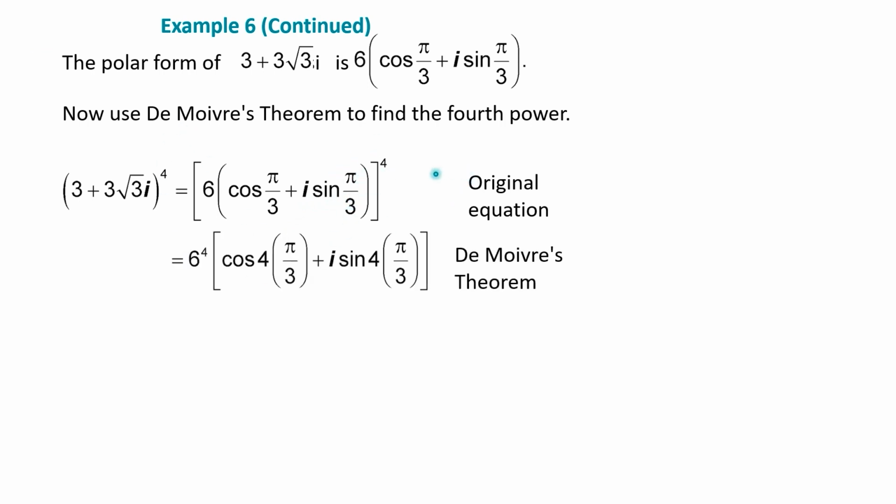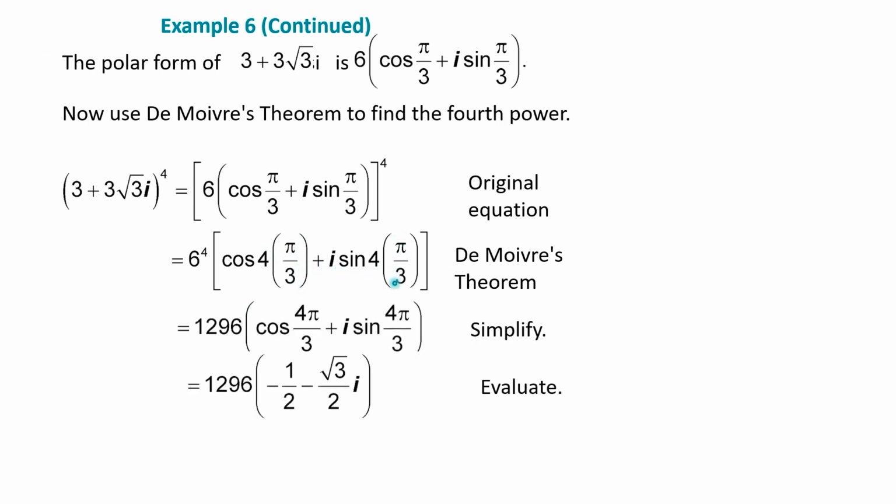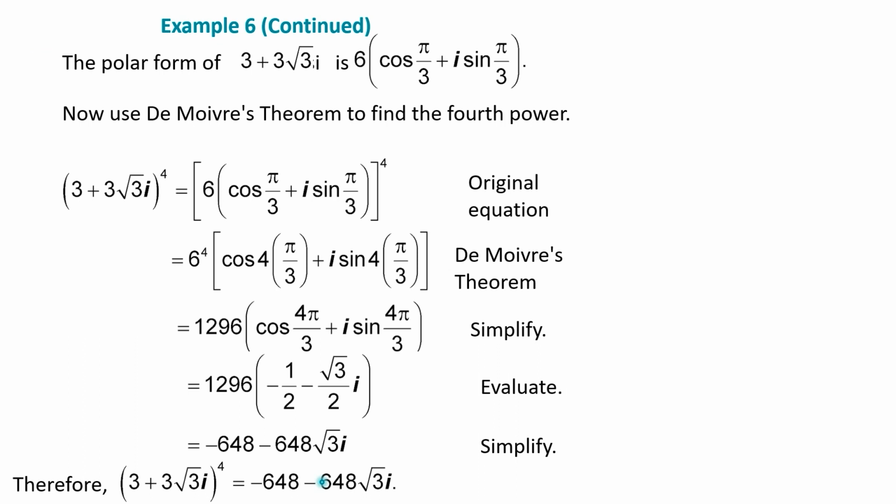Now we use de Moivre's theorem, so we get 6 to the power 4 times (cos 4 pi by 3 plus i sin 4 pi by 3). Further, we simplify and evaluate, and on further simplification, we get the fourth power of 3 plus 3 root 3i equals minus 648 minus 648 root 3i.